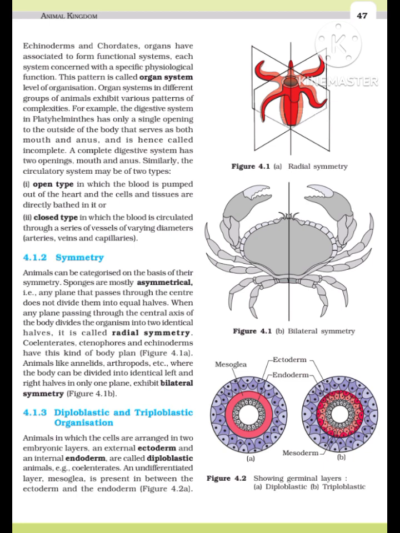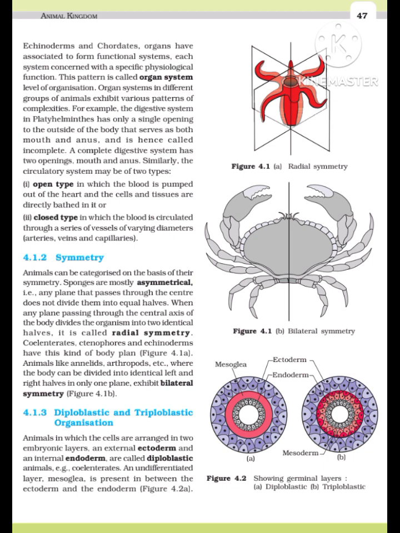4.1.2 Symmetry. Animals can be categorized on the basis of their symmetry. Sponges are mostly asymmetrical, i.e., any plane that passes through the center does not divide them into equal halves. When any plane passing through the central axis of the body divides the organism into two identical halves, it is called radial symmetry.